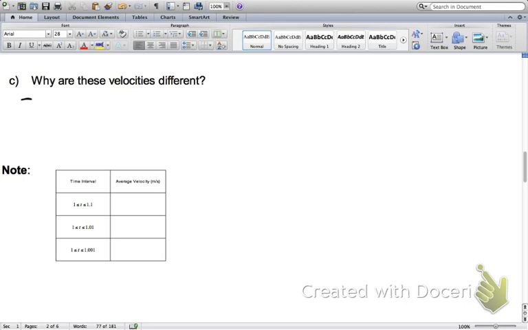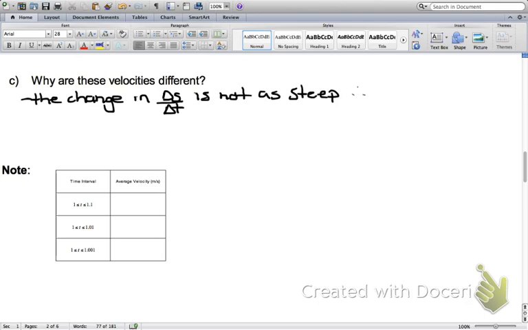So the change of position over the change in time is not as steep. So therefore, less of a slope.